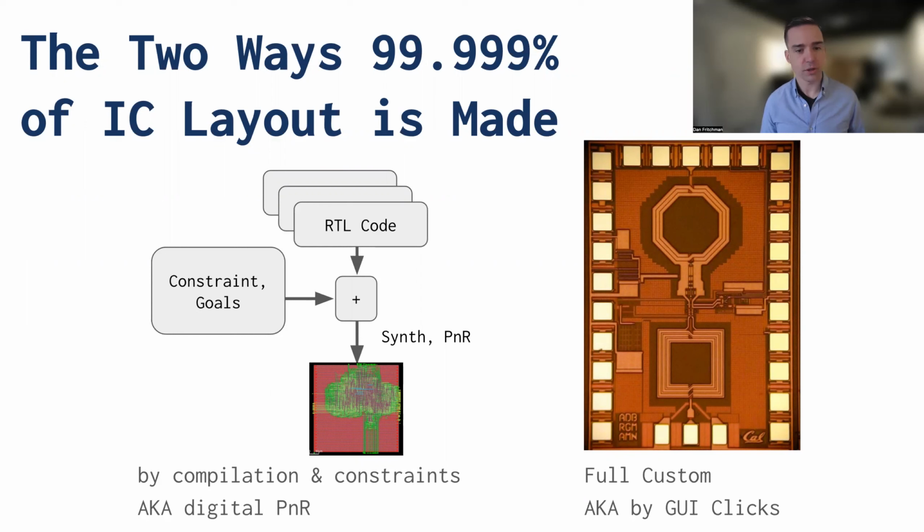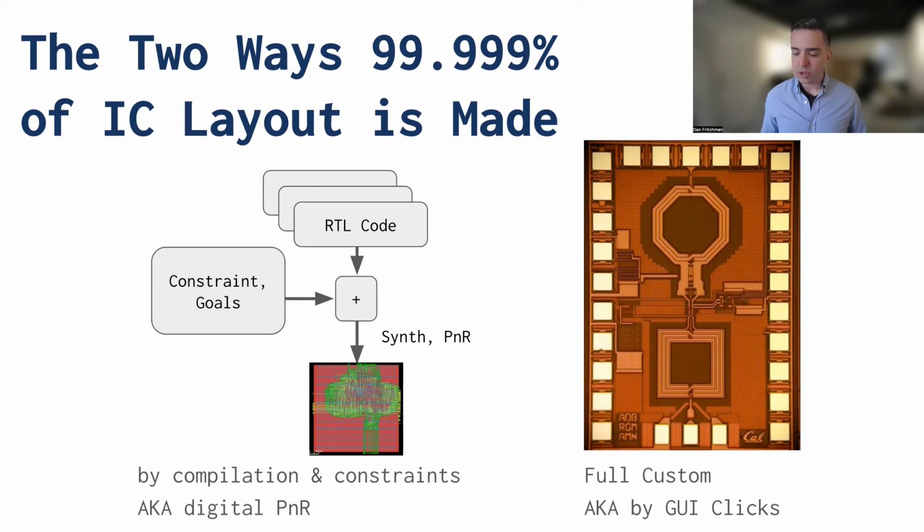You could call them the digital way and the analog way. At left, the former, in which designers dictate HDL code and some set of physical constraints into a sort of compiler pipeline that produces physical layout. And in the latter, the analog mode, the designers really manipulate the final output very directly, generally in GUI form.